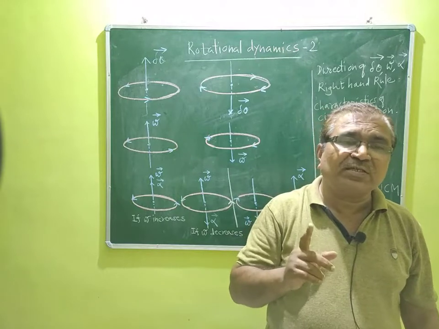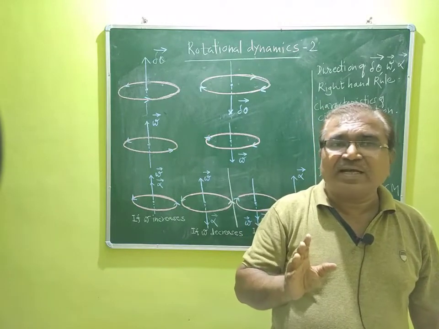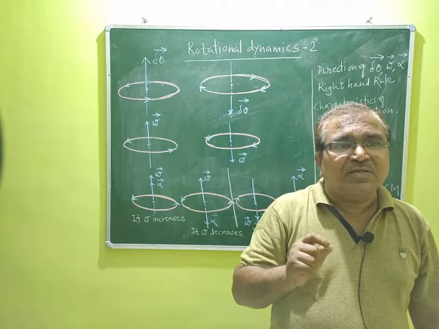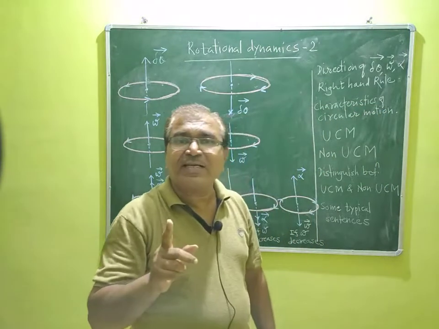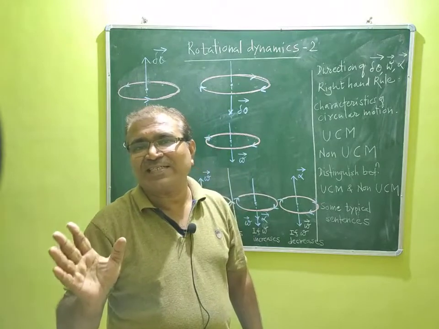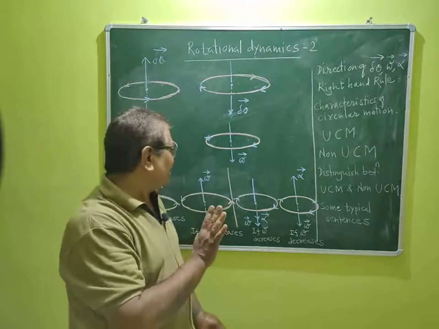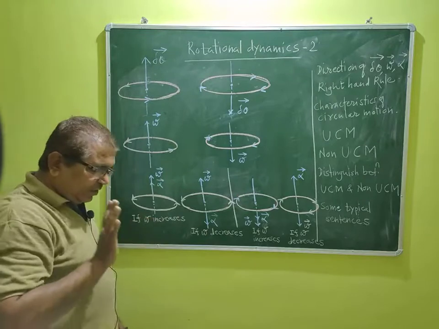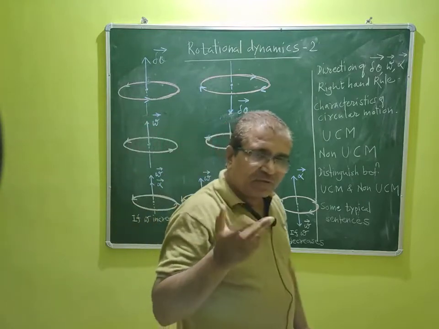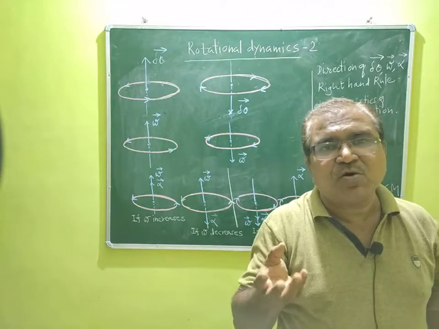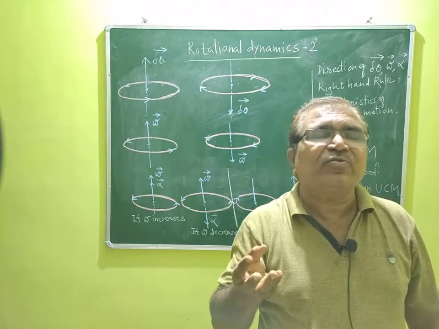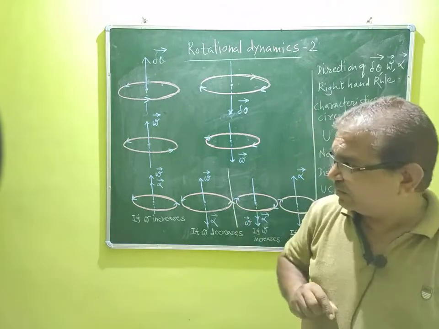Then the most interesting and funny article that we want to learn is the direction of angular acceleration. See here. We know, as we saw in the last lecture, dear students, that acceleration is born when the angular velocity changes.